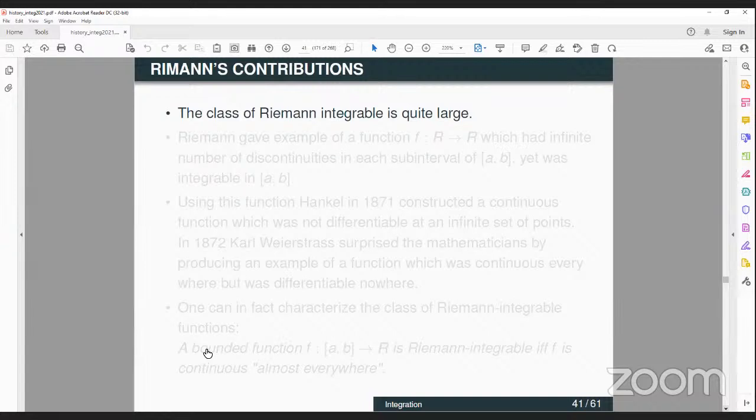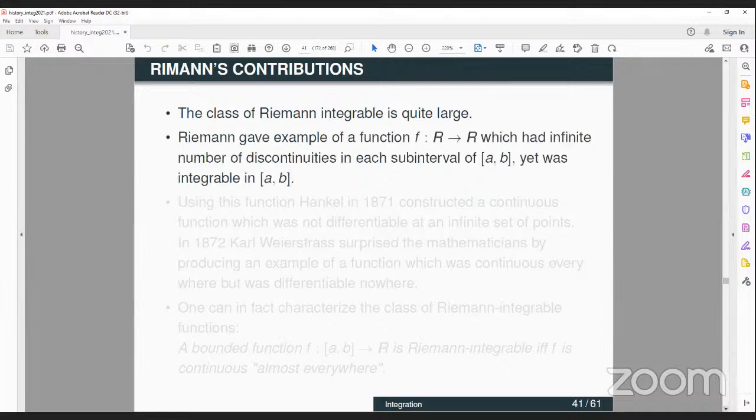The important thing, as far as the work of Riemann is concerned, is that the class of Riemann integrable functions is quite large. Cauchy considered only continuous functions, but there are functions which can have an infinite number of discontinuities in every subinterval of [a, b] and still be integrable.